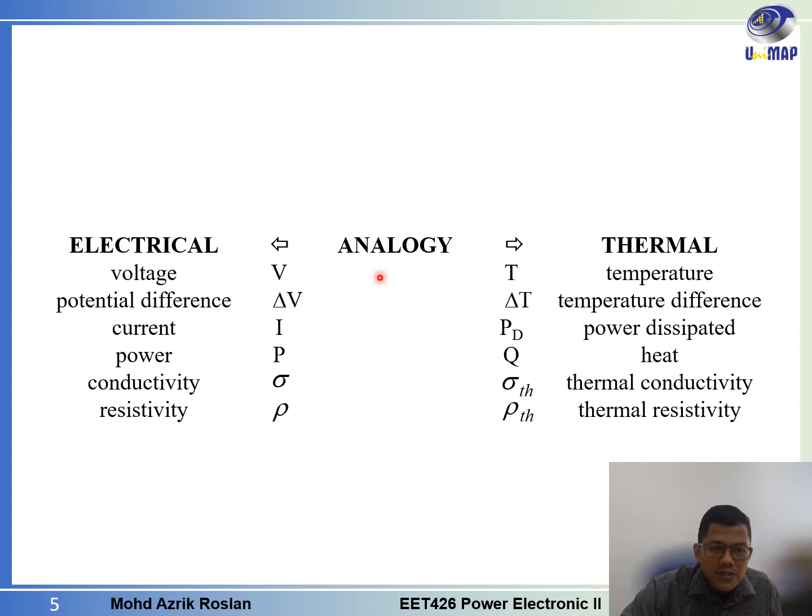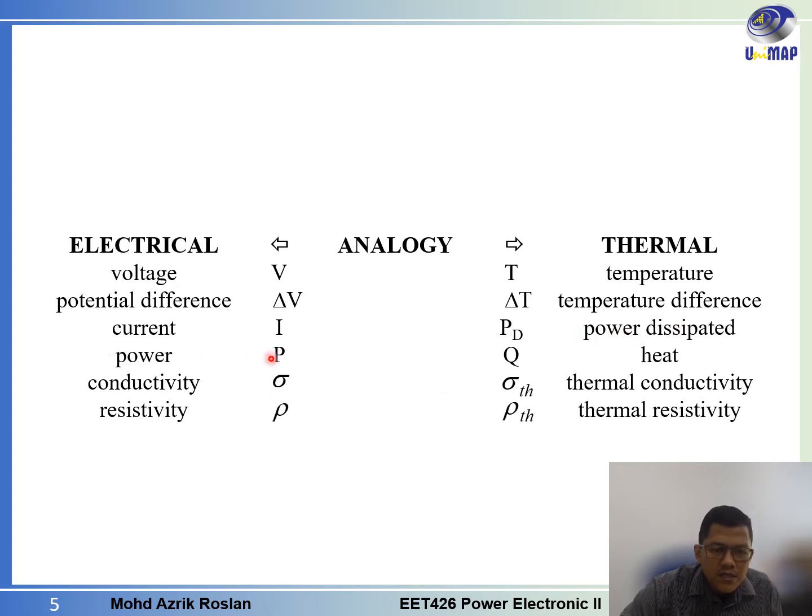The voltage in the electrical circuit is equivalent to the temperature in the thermal circuit. And the potential difference, or voltage difference, is comparable to the temperature difference. Then you have the current in amperes in electrical, and for the thermal it is equivalent to the power dissipated.